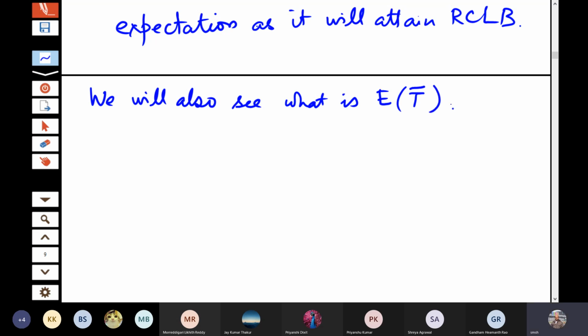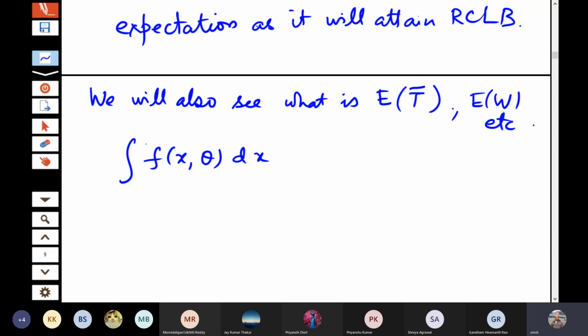What is the expectation of T or expectation of W, etc.? So let me consider the distribution. Once again, I am writing here integrals, but yesterday I explained that if the summations are there in the discrete case, then the calculations will be similar.